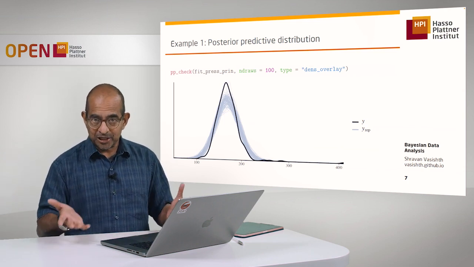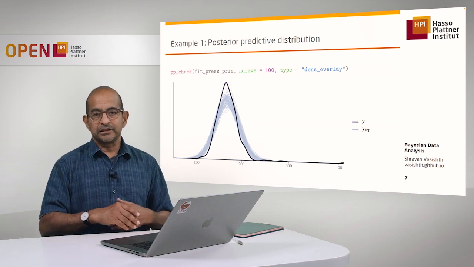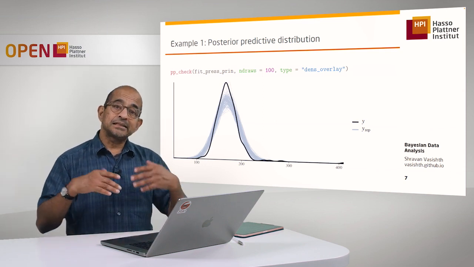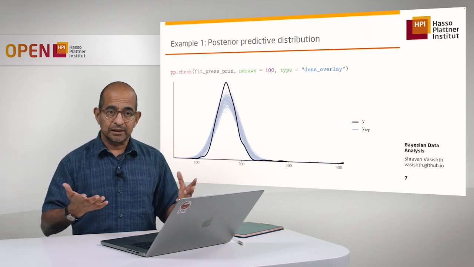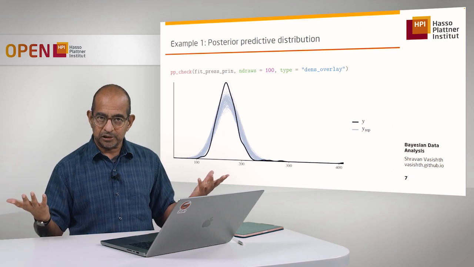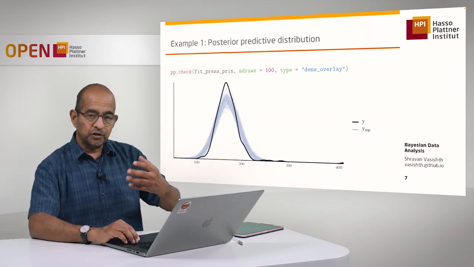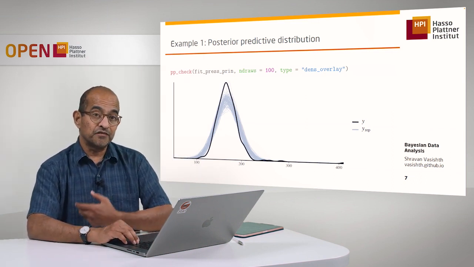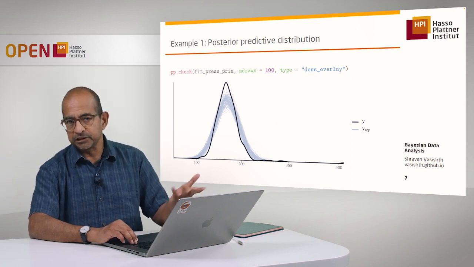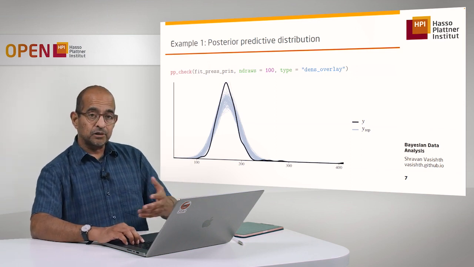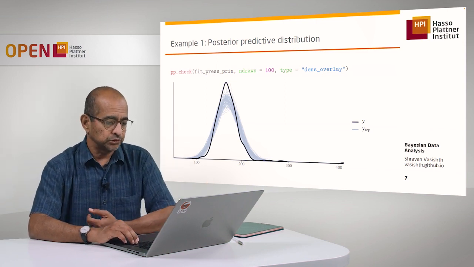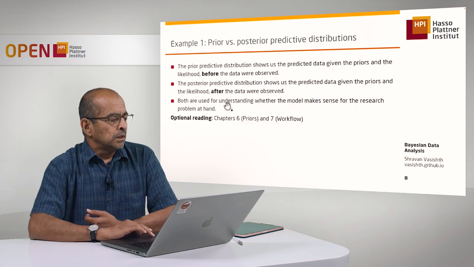So it should not surprise you that we are pretty close to the observed data, but it is still a good sanity check. It gives you some idea of the descriptive adequacy of this model. From the statistical modeling perspective, this is a very useful thing to do. By the way, you can do this in a frequentist model too, but people just don't do it. In the Bayesian modeling framework, this is a standard part of the workflow when you're doing data analysis.